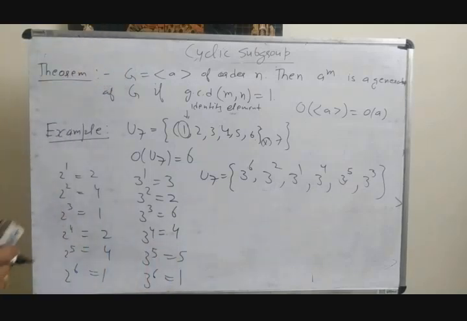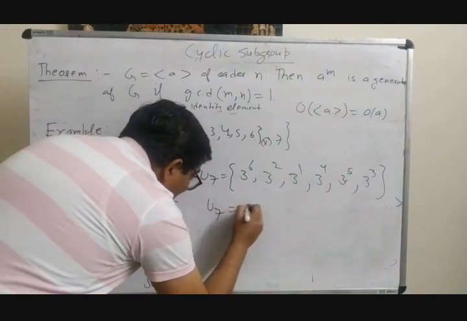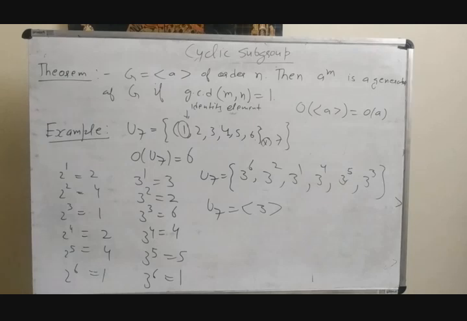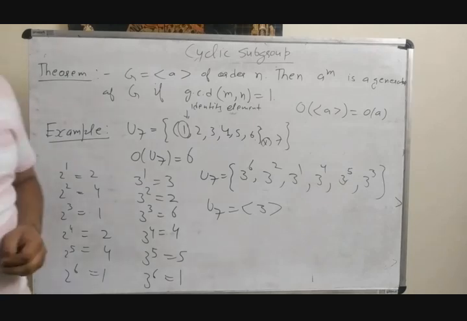So what does it mean? It means that U7 is generated by 3.